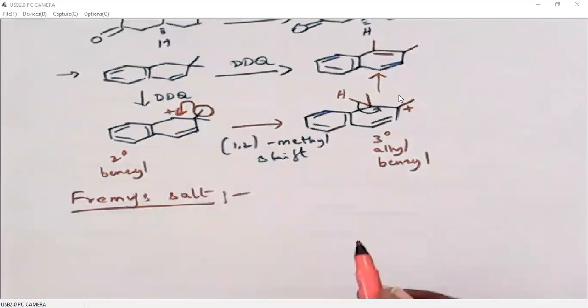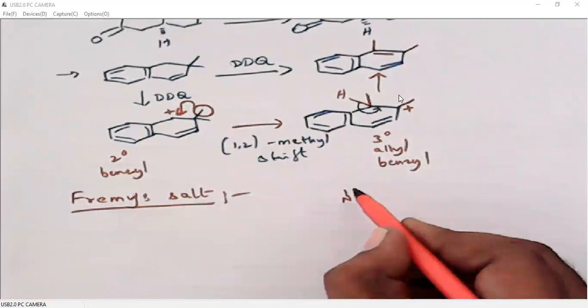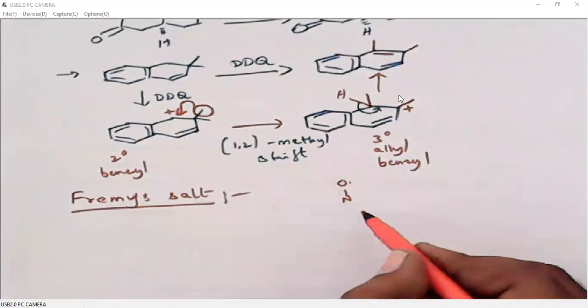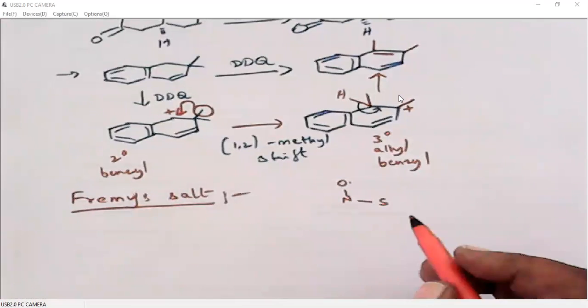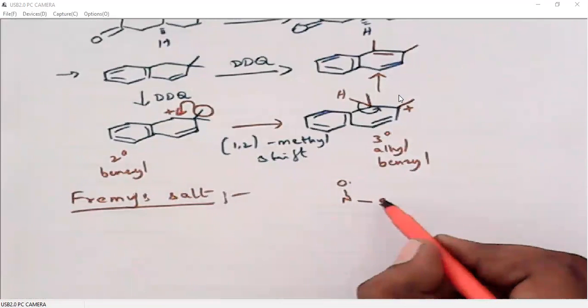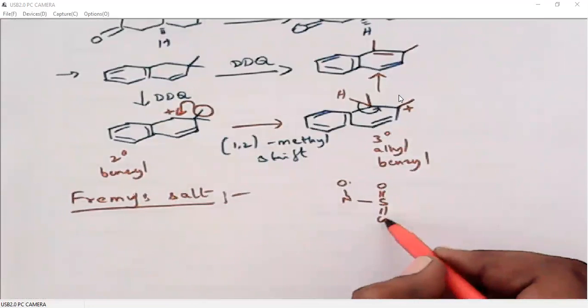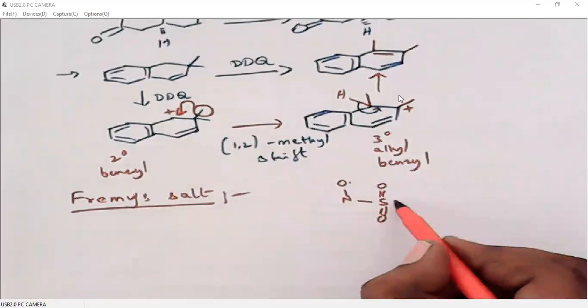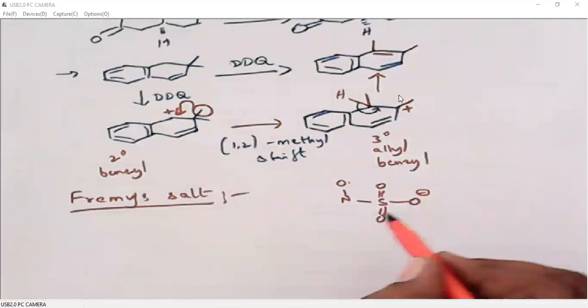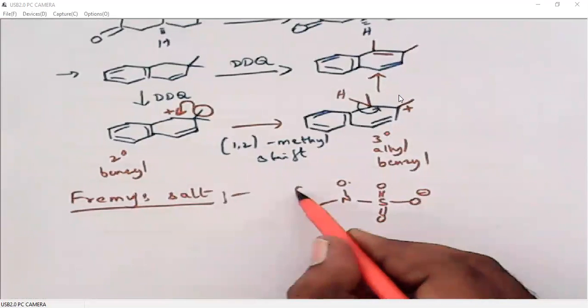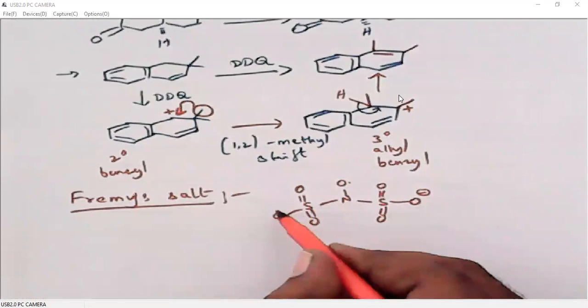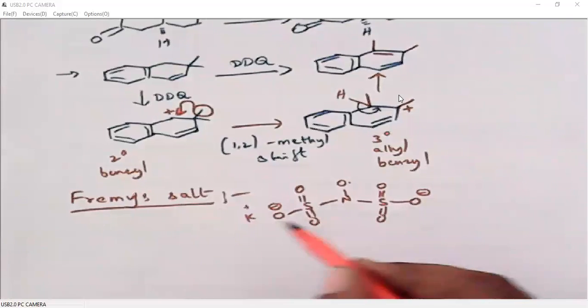What is Fremy salt? Fremy salt is a nitrosodisulfonate. This is a nitroso group. So we will have a disulfonate on both sides. The counter ion is potassium.